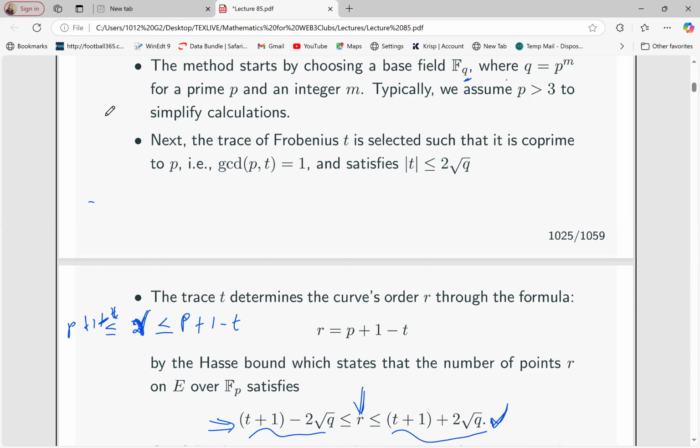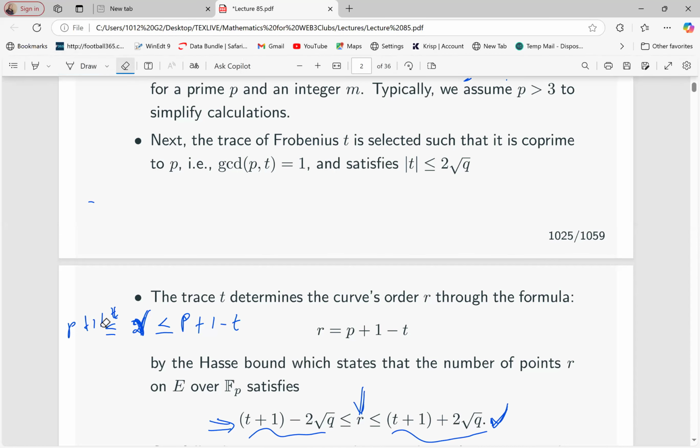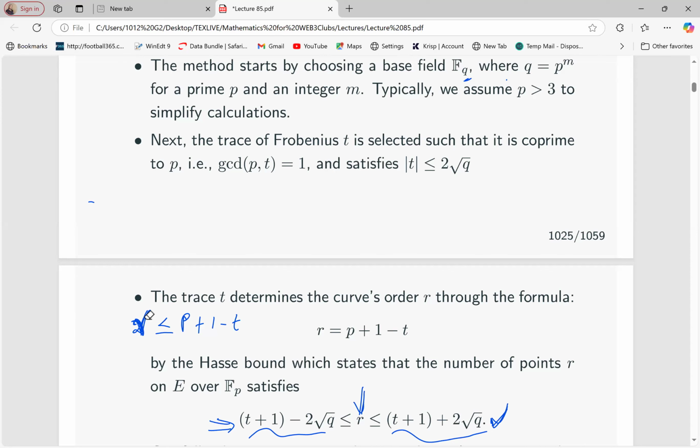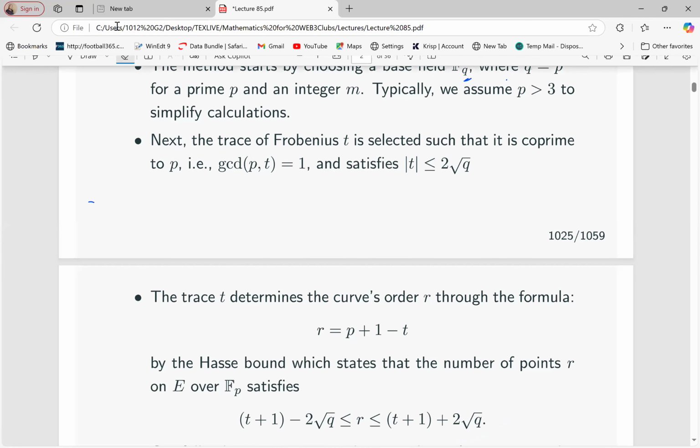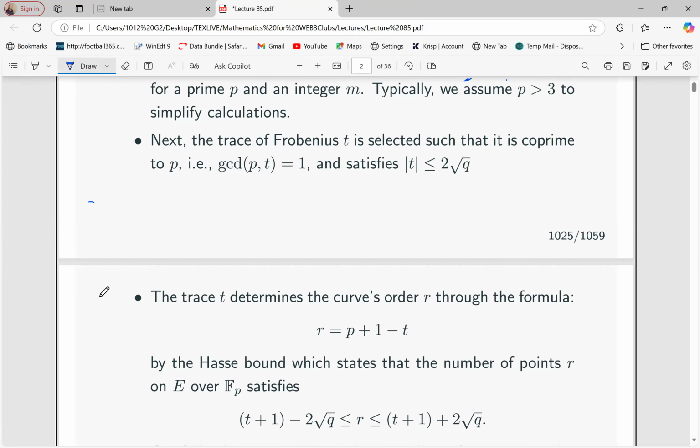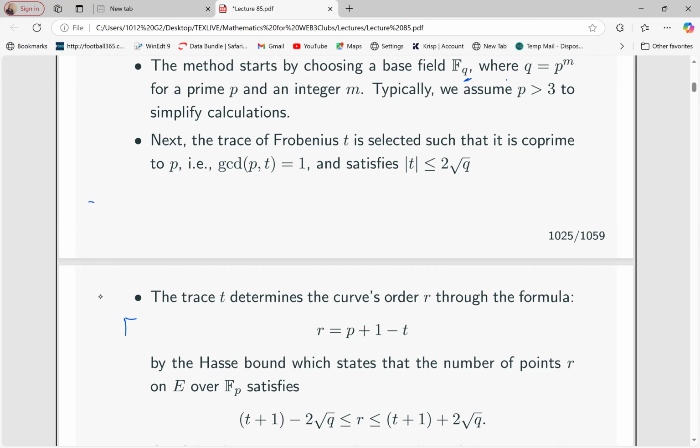That the number of points of the elliptic curve must be in this range. We saw that last time when we were doing our examples. We saw that the number of points of the elliptic curve are very close to the base field. That's what Hasse bound says. If the base field is 5, then you expect that the number of points are just very close to 5. When we looked at the curve 1, 1, the number of points were 9.